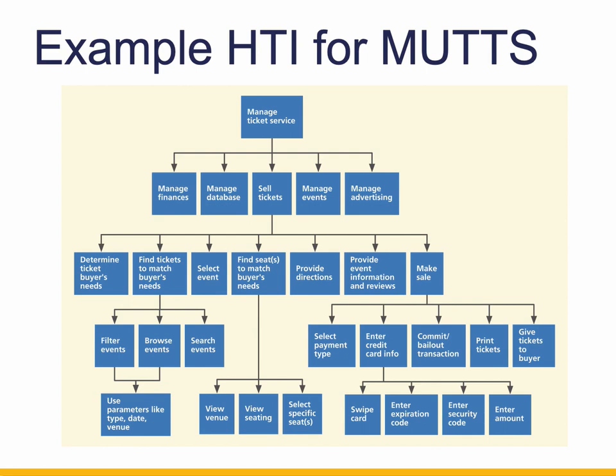Those are the same. They're on the same level. And only when we need to use parameters do we go one level down. The same thing on the enter credit card information. Swipe card, enter expiration code, enter security code, enter amount. Those are on the same level because they may be in a temporal order, but they shouldn't be in a task inventory because they're all related to the same process of entering credit card info. This is really important.